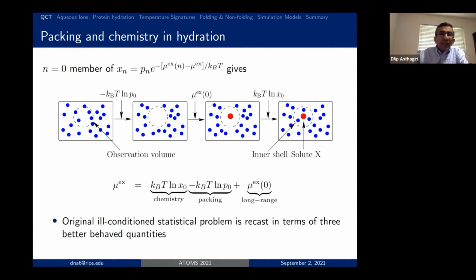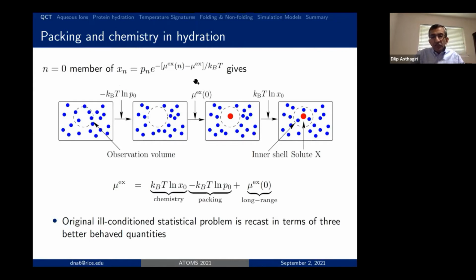The n equal to 0 member gives the following relationship, and it has a nice schematic description here. This is yet another way to think about what we are trying to do in this problem. So you have a neat solvent, you blow a cavity in the solvent, and if the solvent is liquid water, that gives you all the hydrophobic contributions to hydration.